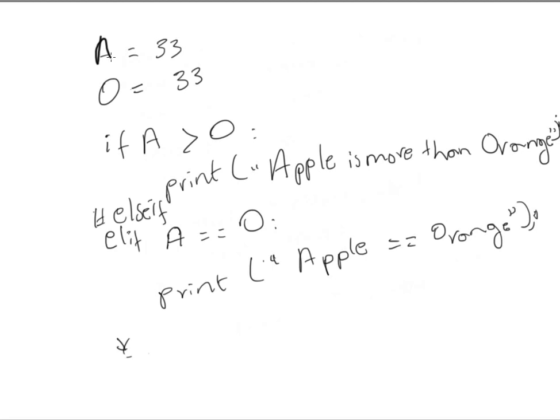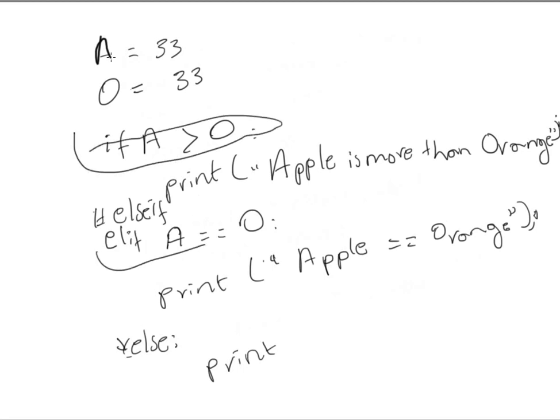But we can also have else here. Else, if they are not equal, that means default. So if this condition and this condition right here don't happen, then this condition will happen automatically.